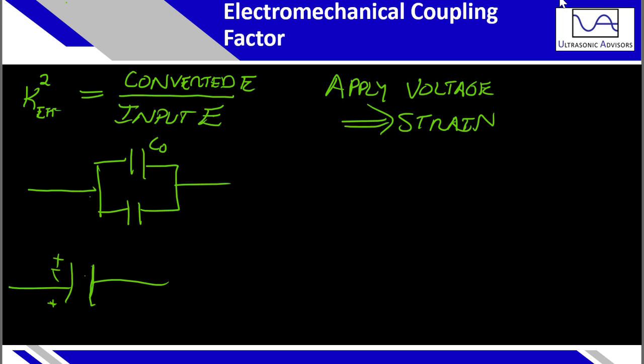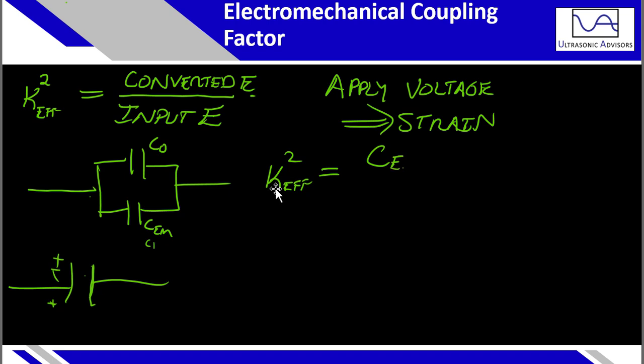The rest of it goes into this electromechanical, which we've also denoted as C1 at times. So if you want to come up with the ratio between the converted and input energy here, the converted energy would be following this equation there.